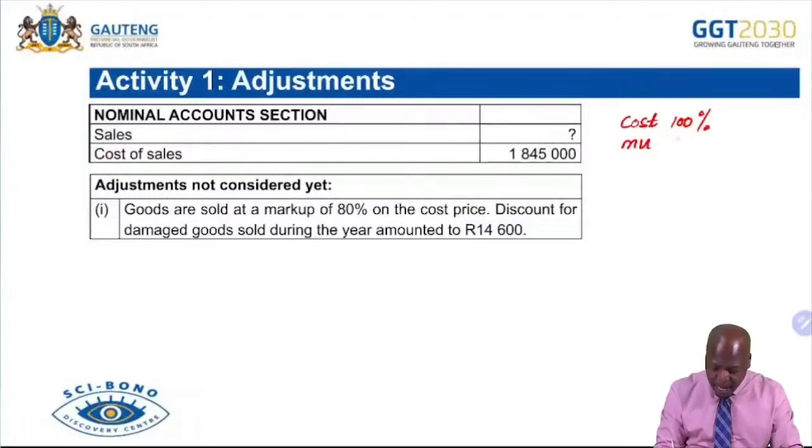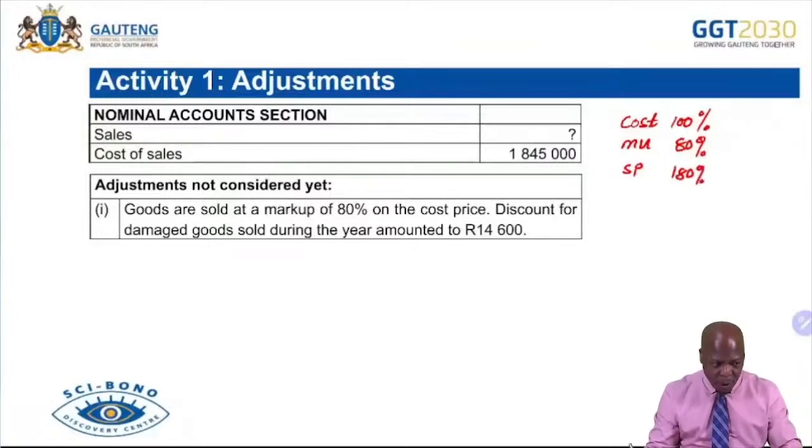Your markup in this case is 80%. So then your selling price therefore becomes 180%. Very important. So far we have 2 aspects here. We have our cost, we have our markup, and we also have our selling price.